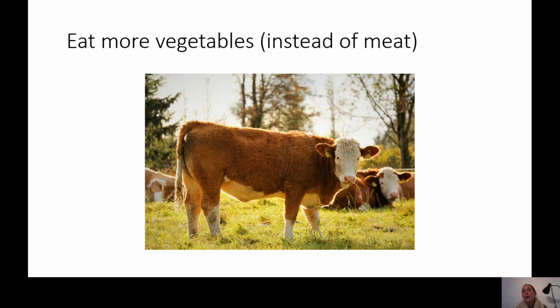Also, a lot of forests are cut down in order for livestock to feed on that land. And animals, particularly cows, have a lot of flatulence, which means they're a bit windy and release a lot of methane, which goes into our atmosphere and contributes to climate change.